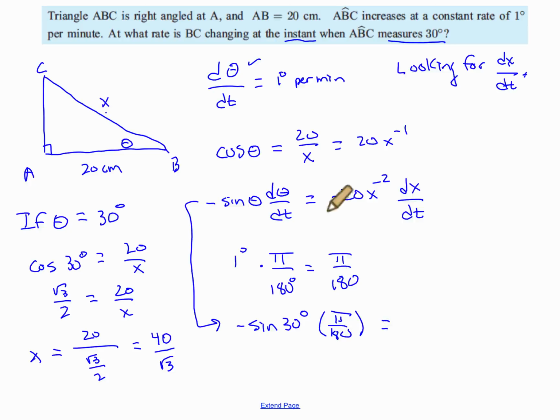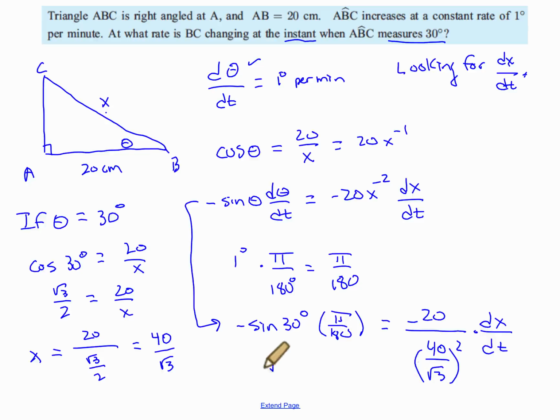And that is equal to negative 20 over x squared, because x to the negative 2 becomes x squared in the denominator for ease of calculation, multiplied by dx dt. And I'm solving for dx dt. I'm not going to do all of this work here. I'm hoping you're able to do that with your calculator. You better know that sine of 30 is 1/2, so that's a negative 1/2.